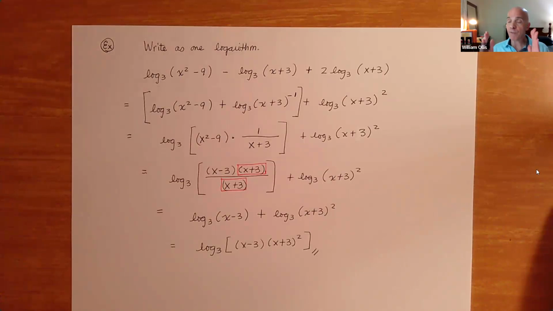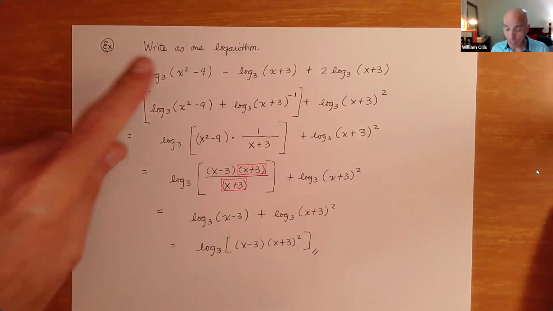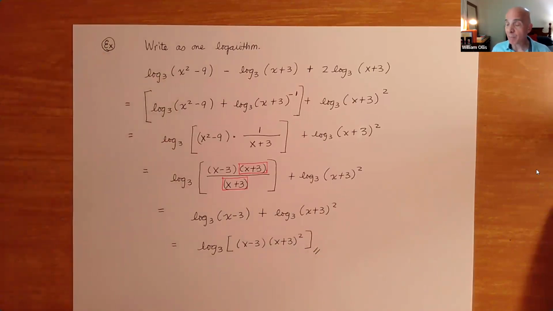As long as the coefficients are 1, we can just set the arguments equal or the powers equal. That's very restrictive, but very useful when it appears and when that pattern is available to us. So just remember the compression technique will be very valuable when it comes to solving equations.